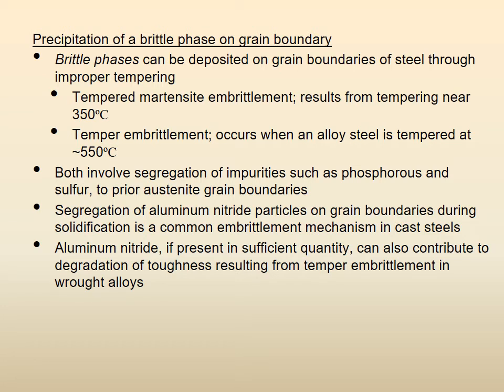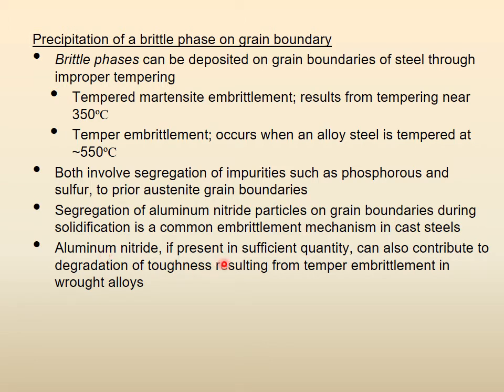Cast steels, you know, are steels that are made by casting. Aluminum nitride is an intermetallic, as we have talked about, and these particles can also come out of the solid solution and sit on the grain boundaries.